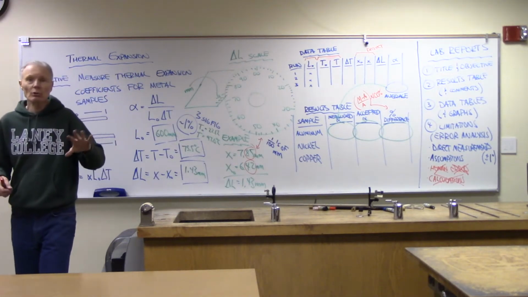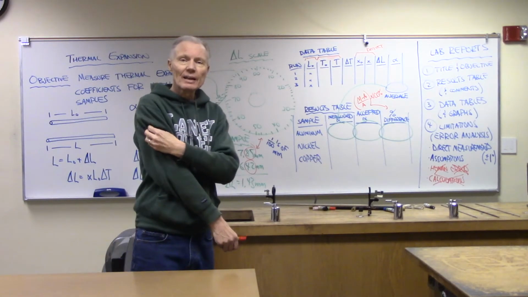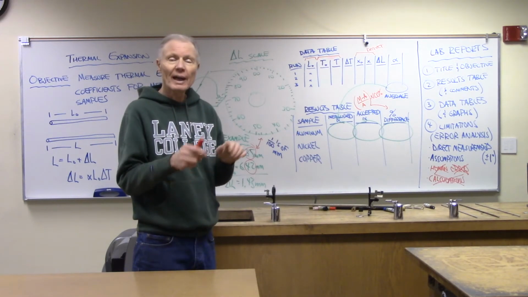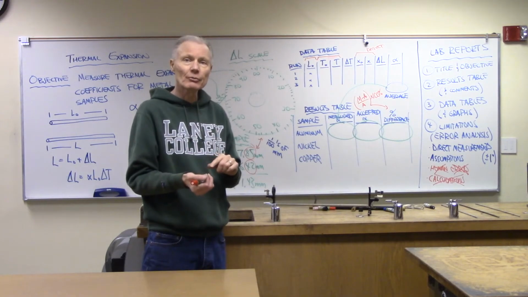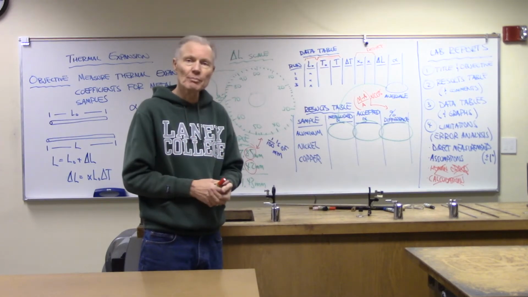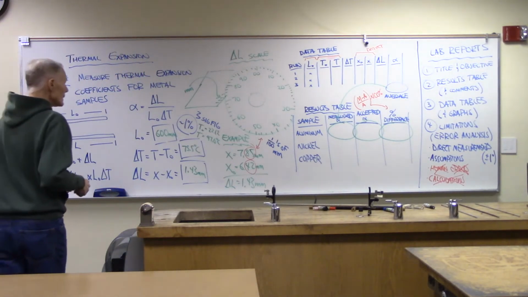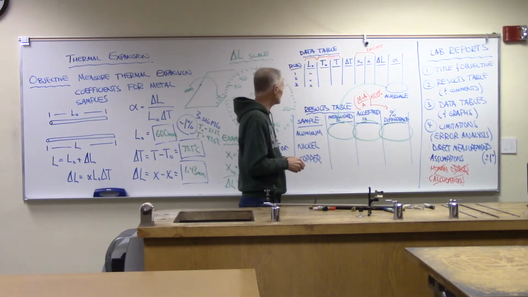If we get numbers that are lower than the accepted value, that's going to come out as negative. So we can get things that are higher or lower, and we can represent those as a positive percent difference or a negative percent difference. Go ahead and leave the plus and minus signs in there, please, so we can see if we're coming in higher or lower than the accepted values.